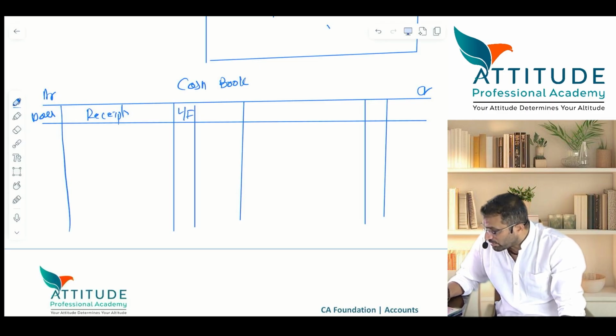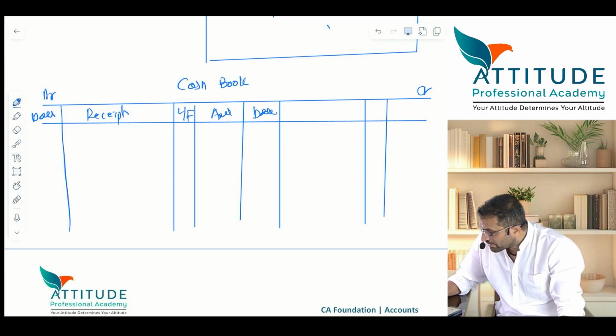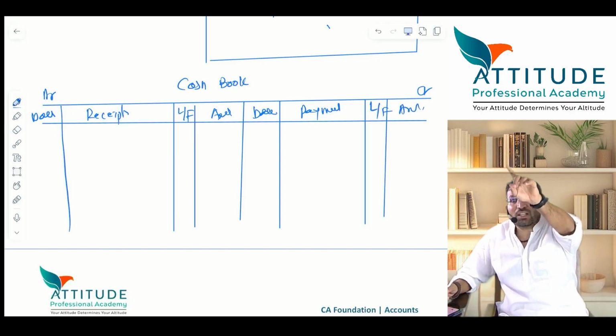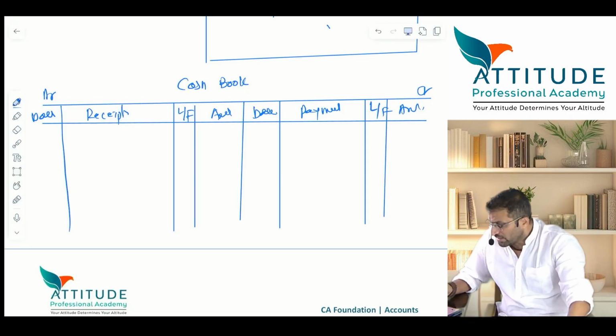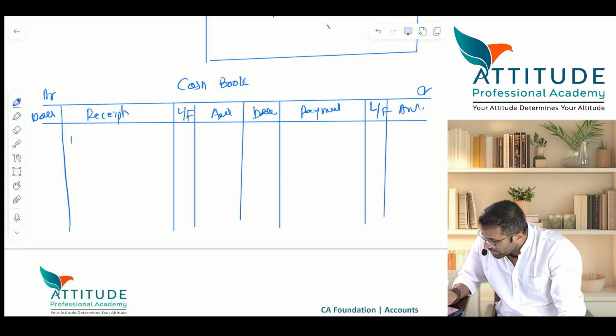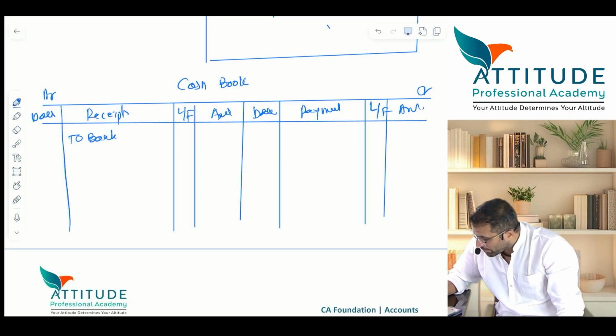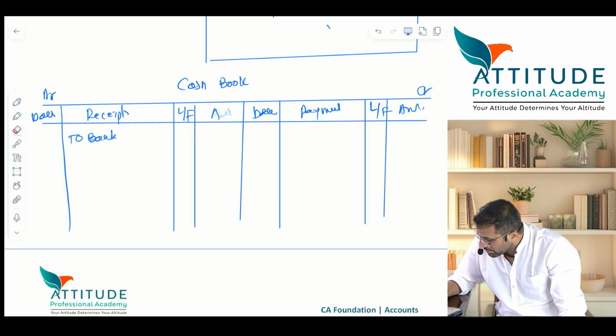Ledger folio. Is that clear? And amount. Again date, payments, yes or no? And then you have ledger folio and amount. Whenever there is a contra entry, whenever there is a cash account, let us say cash account debit to bank, correct? And let us say there are two columns. I have not made two columns here; let me make cash and bank.